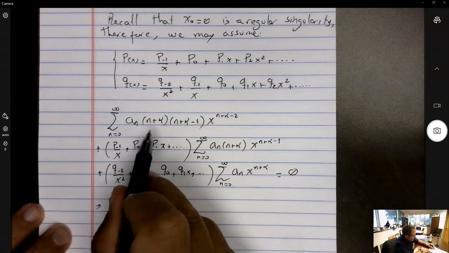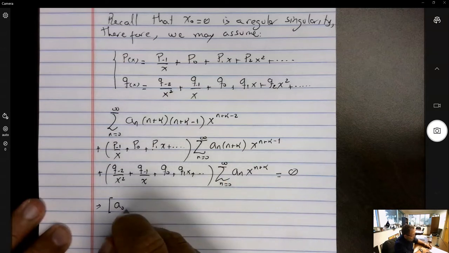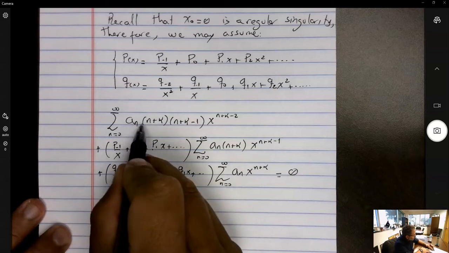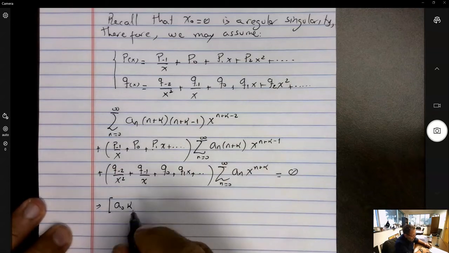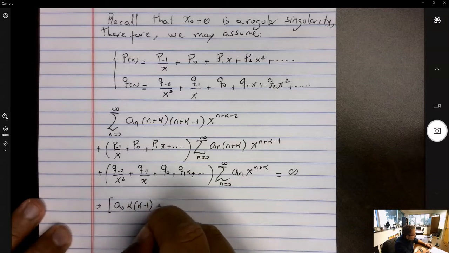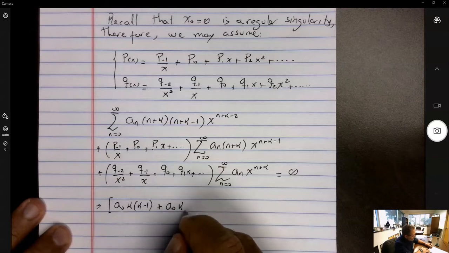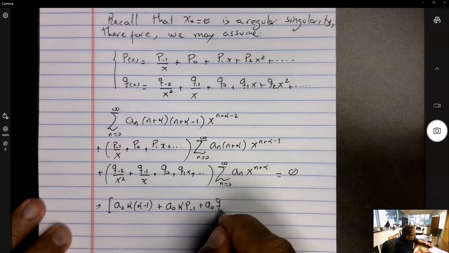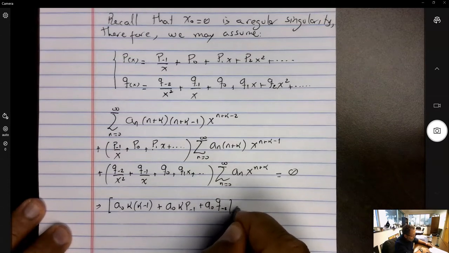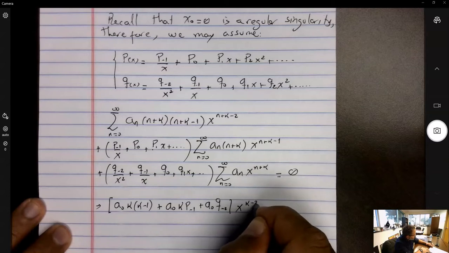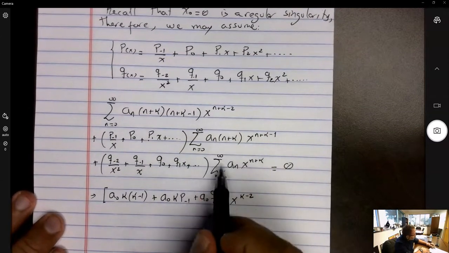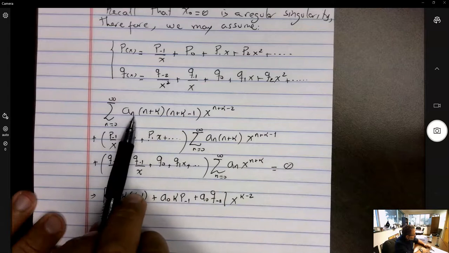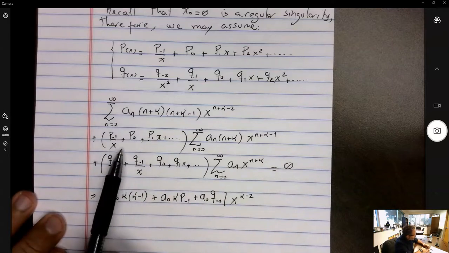So now I'm expanding this series here, times k, when n is equal to 0, then it goes like this: k times (k minus 1) plus a0 times k p_minus1 plus a0 times q_minus2, times x to the k minus 2. So I'm looking for the common factors between these three series. This one at n equals 0, this one at n equals 0.